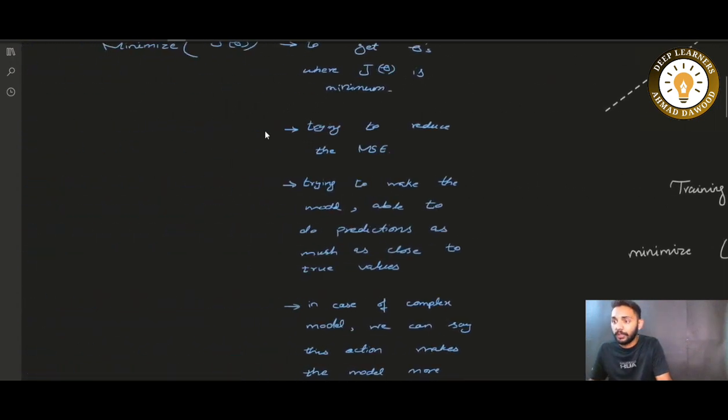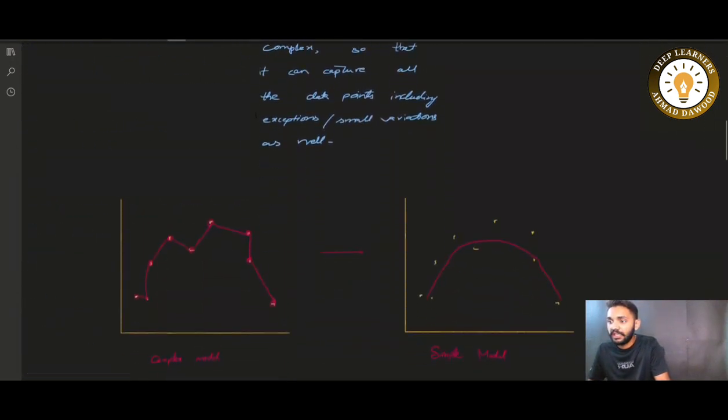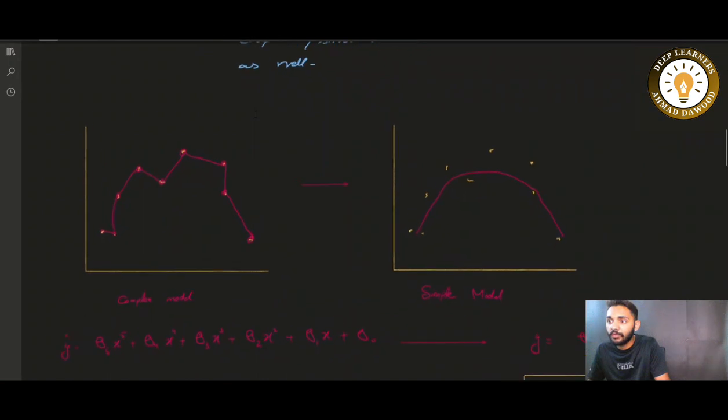If I show you here, in this way you will have a model in which you have also captured the small variations. Here you can see you have captured all the training data points and all the small variations also.